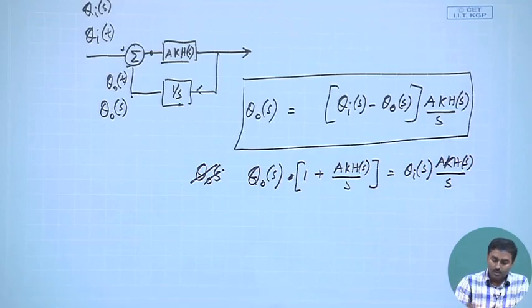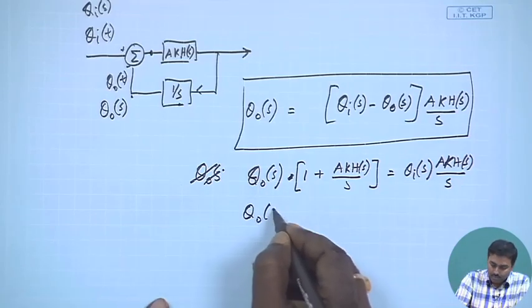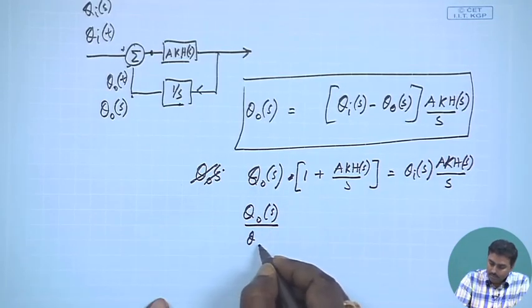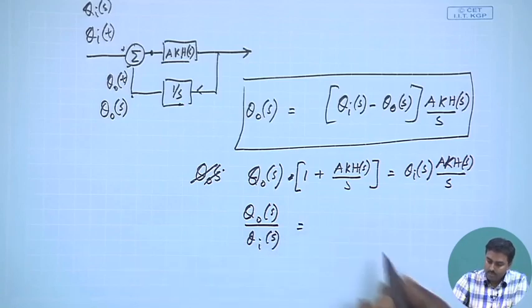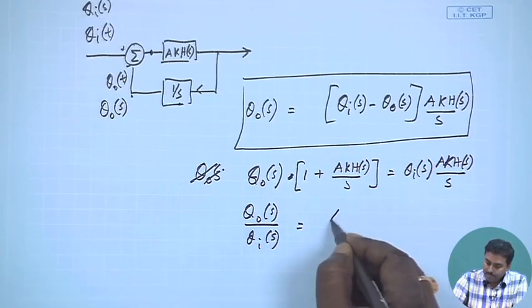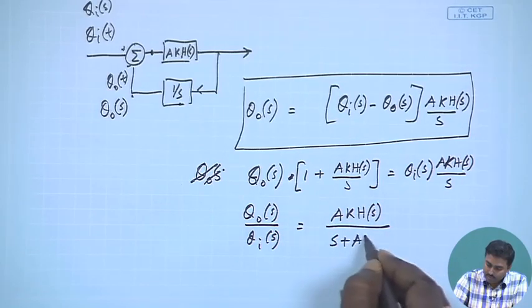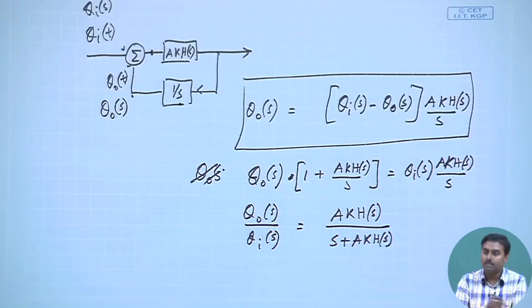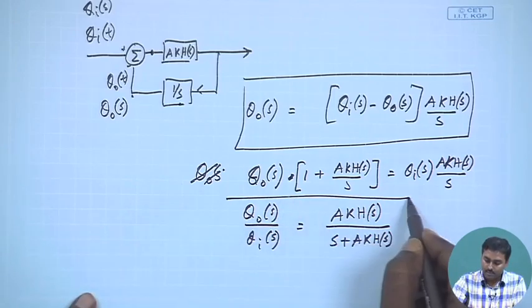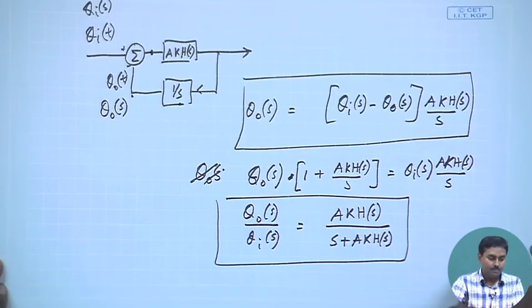So, I can write theta O s divided by theta I s is equal to A K H s divided by s plus A K H s, right. That is something I can write.